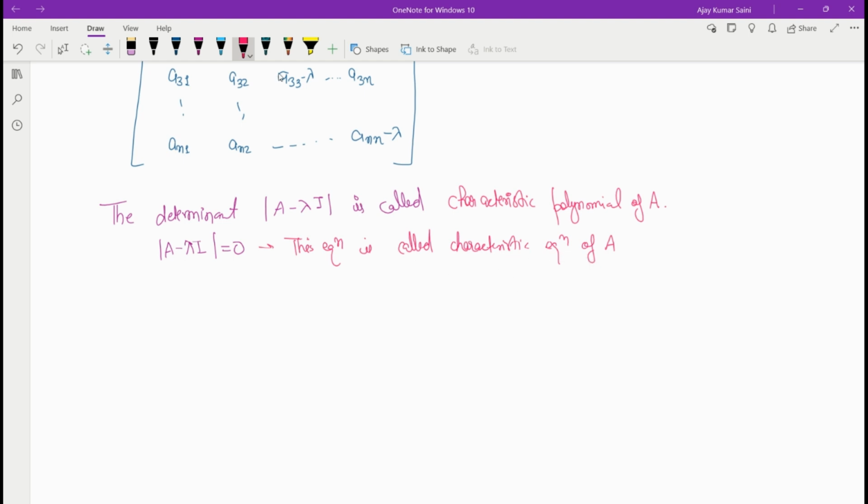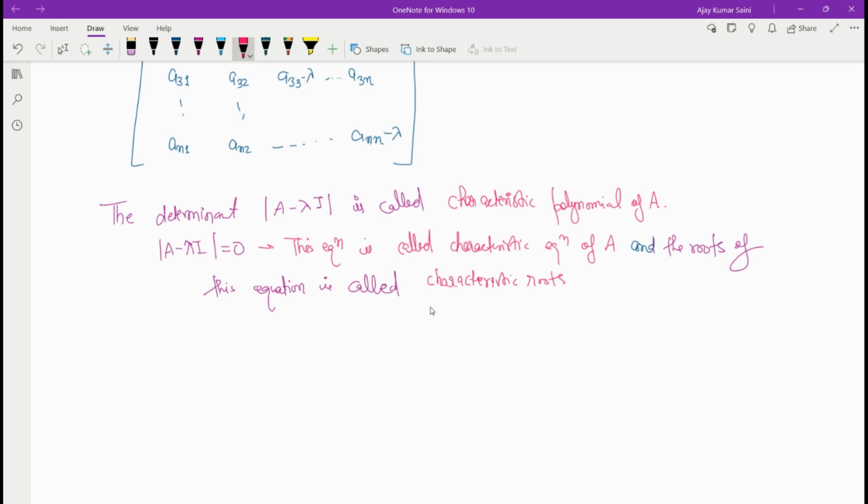Okay, and now the roots of this equation are called characteristic roots, and there are so many names, so I can write all these names.